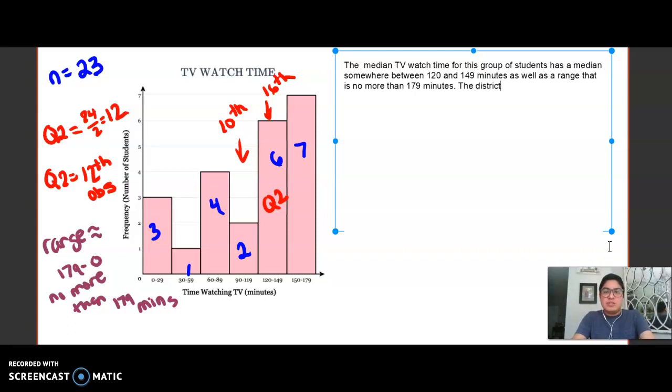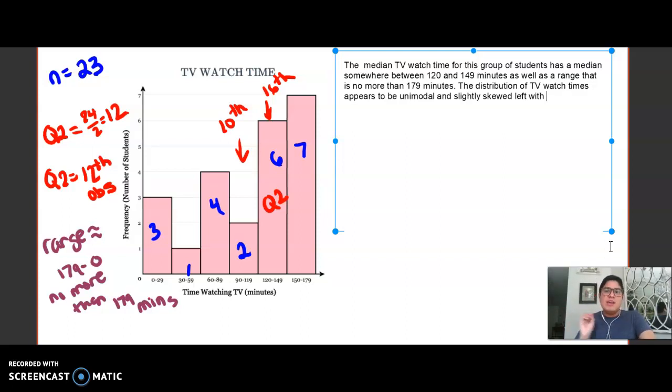The distribution of TV watch times appears to be, and I could say, unimodal and slightly skewed left with, so notice there the shape, if you're going to claim there's a peak in the data, you can also use that for your unusual, but you have to list that peak specifically. I can't just say there is a peak, that's not going to help me.